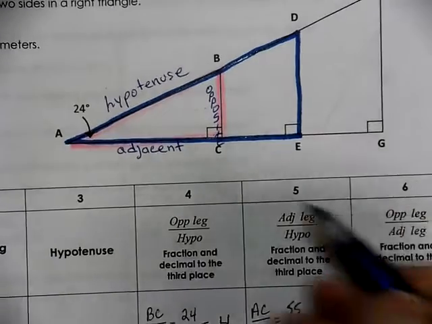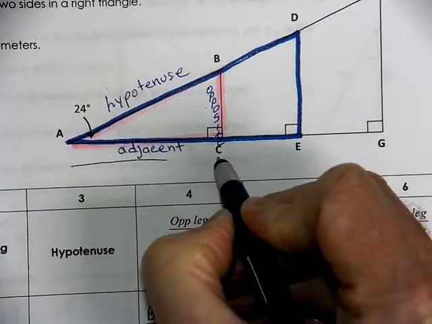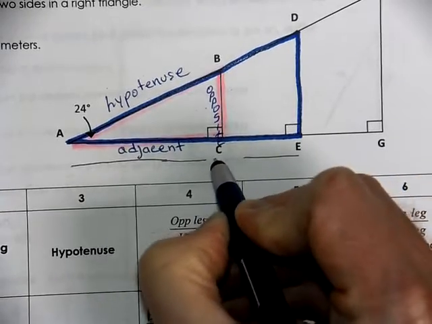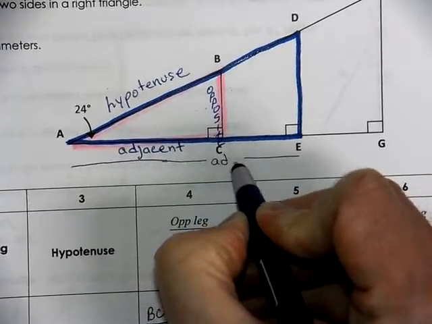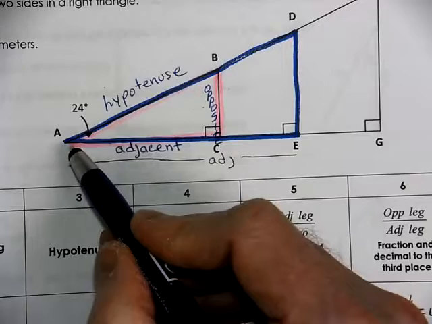Of course, the adjacent side, abbreviated ADJ, is the side next to the angle.